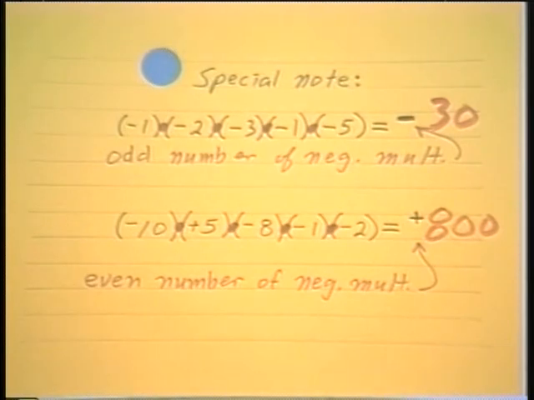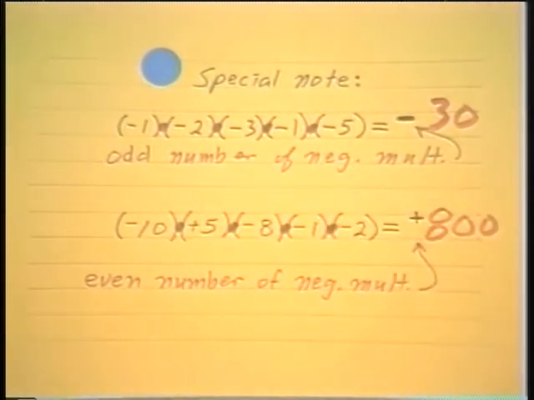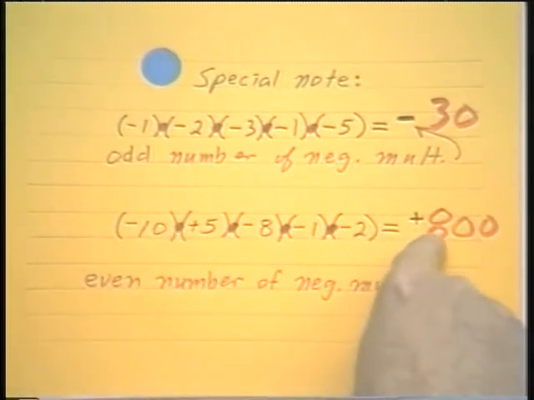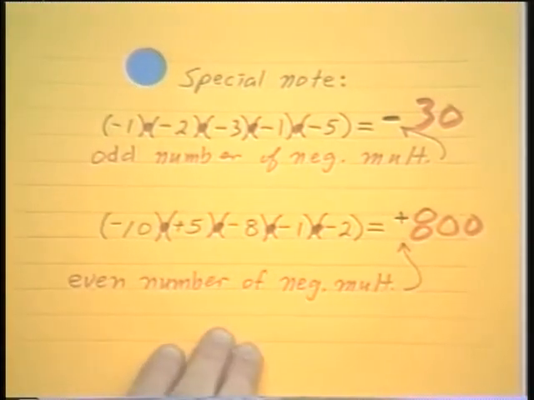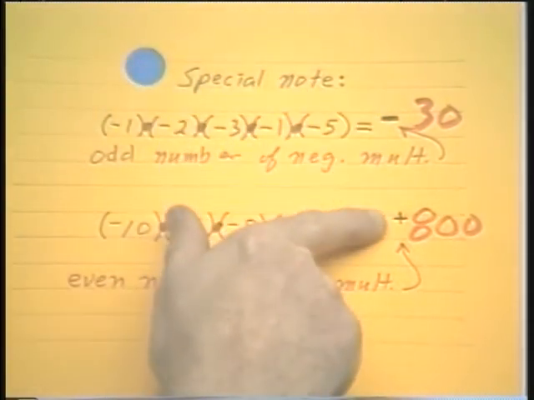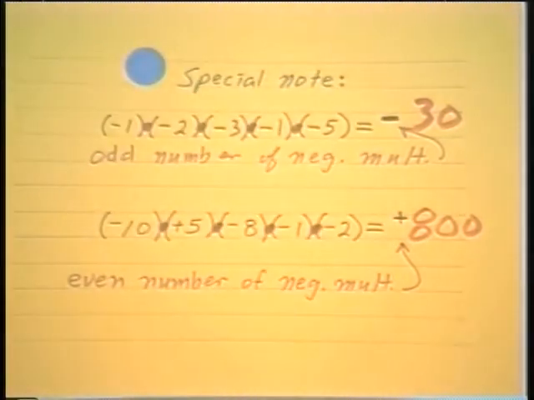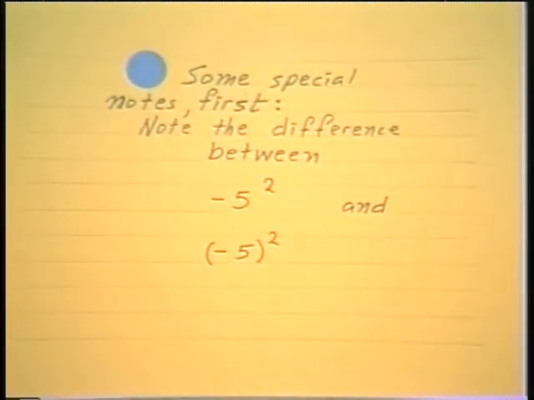So again, a shortcut. If you're multiplying an odd number of negatives, the answer is negative. If you're multiplying an even number of negatives, the answer is always positive. And that allows you to forget the signs once you determine the sign of the answer and concentrate on the absolute values.